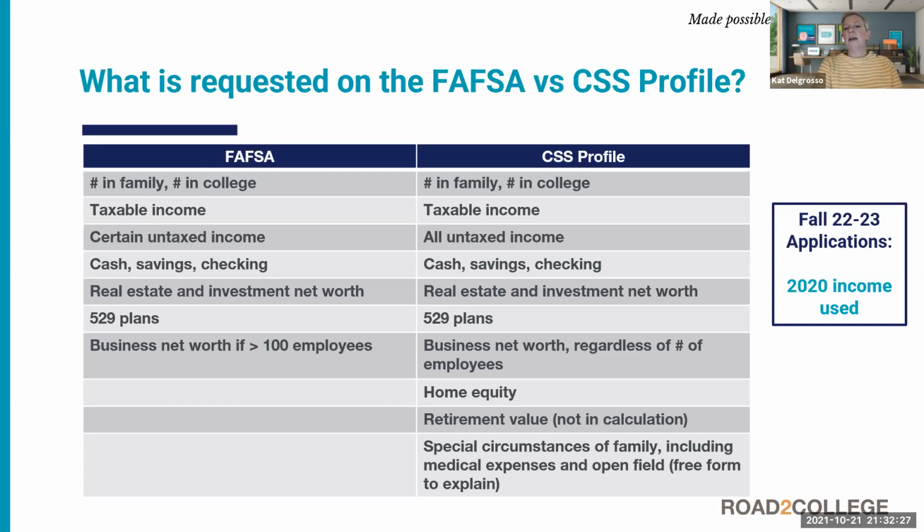That's the number that goes down. If I've got a grandparent kicking in some money, I might put that down as well. If the family says I can do 5,000 and the grandparent's going to do 4,000 next year, then I'll put 9,000 down. But again, it's not in the calculation. It's just that it is asked on the profile how much they think they can contribute. That's probably where you would put the grandparent one.